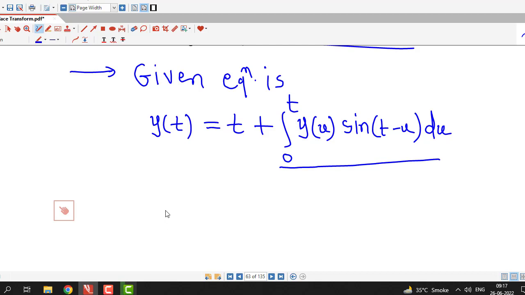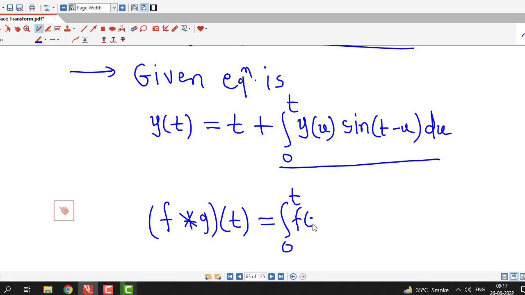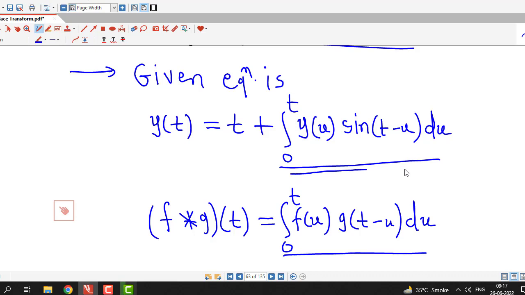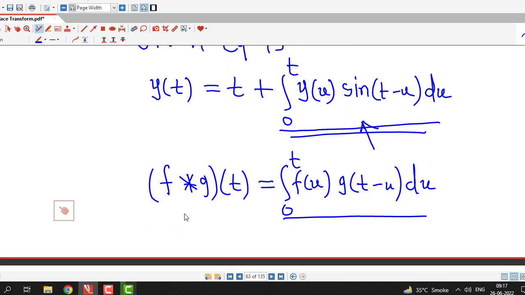If you compare this integral with the definition of convolution, which is 0 to t f of u g of t minus u du, you may have the idea that we might be able to write this in terms of convolution of two functions f and g. So how to decide which function we have to consider as f and which as g?